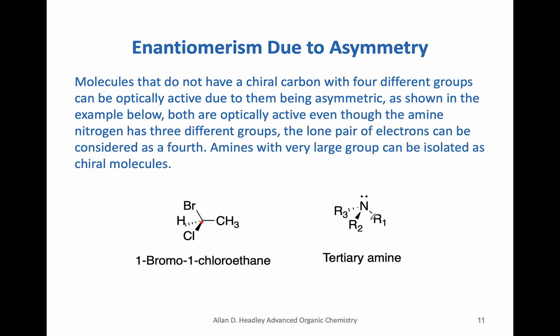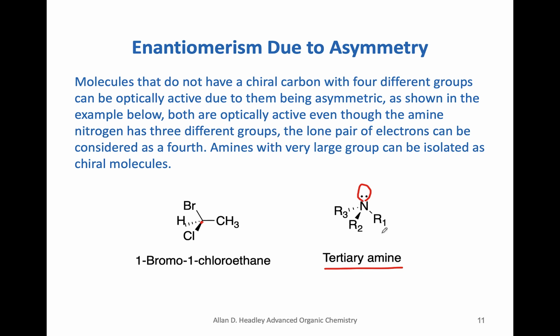However, looking at a tertiary amine, here is a pair of electrons and it has 3 different groups bonded to it. The question now becomes, could an amine be optically active? And yes, it can be, because we can treat this as a group in itself, so therefore that would be the 4th group.